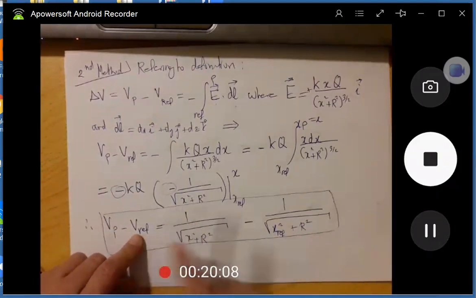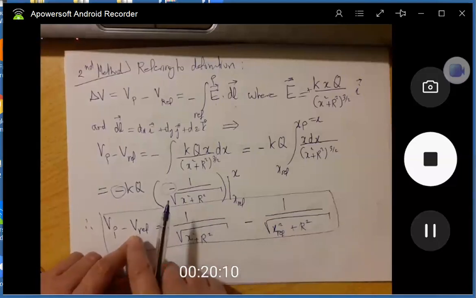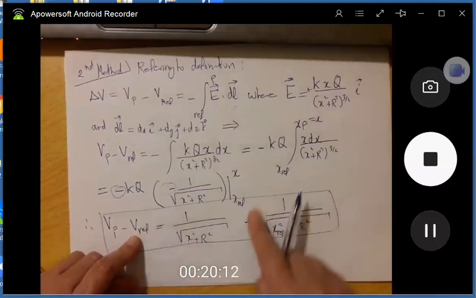At which x reference does V reference make all this zero?